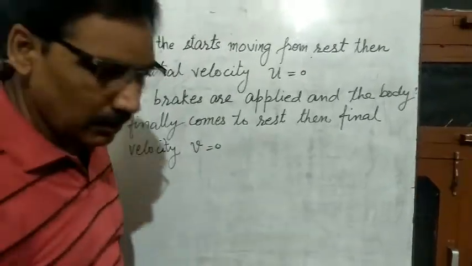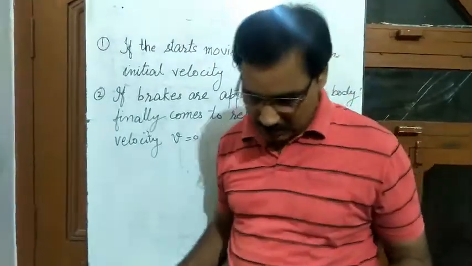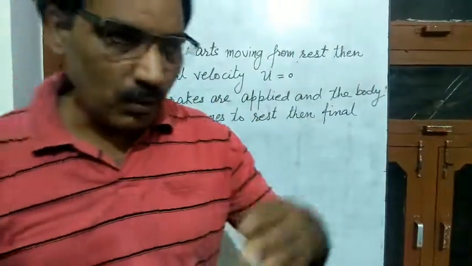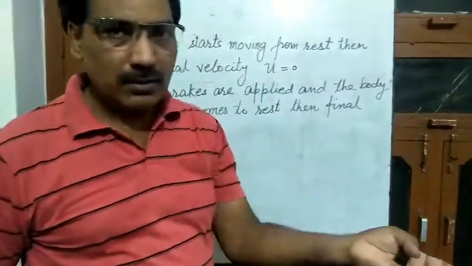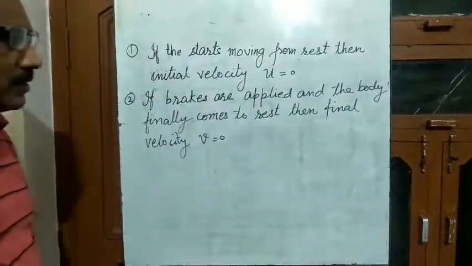If brakes are applied, then the body will ultimately come to rest. The velocity will go on decreasing, and finally it will come to rest. So the final velocity will be 0.